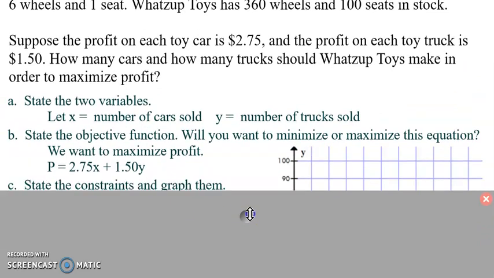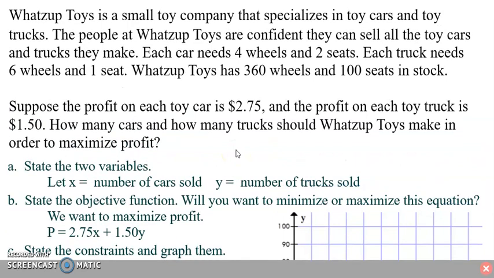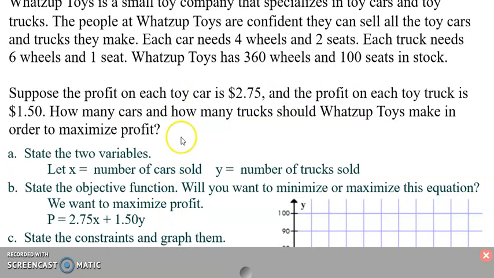Okay, so now we're going to take a look at our constraints, and then we have to graph them. The only other information we're given is the number of wheels and seats that our two toys need and how many we have available. A car needs 4 wheels and 2 seats, a truck needs 6 wheels and 1 seat.